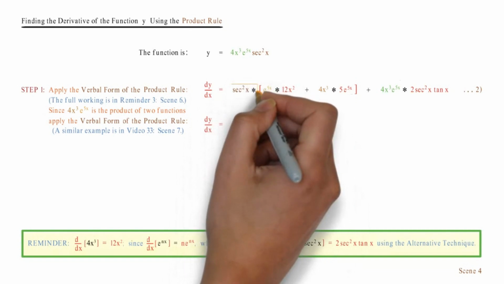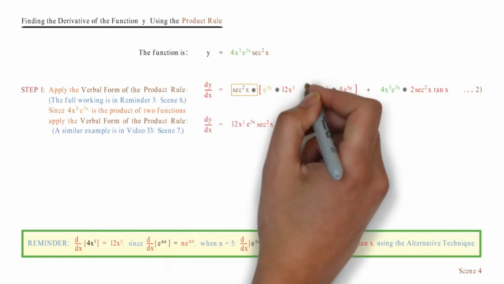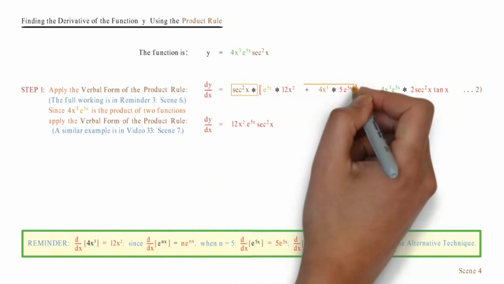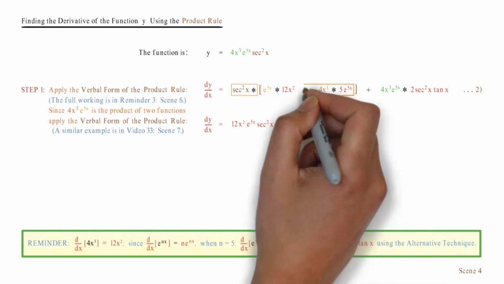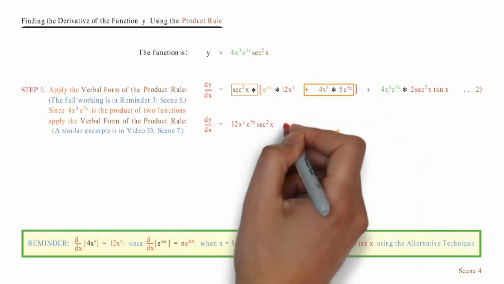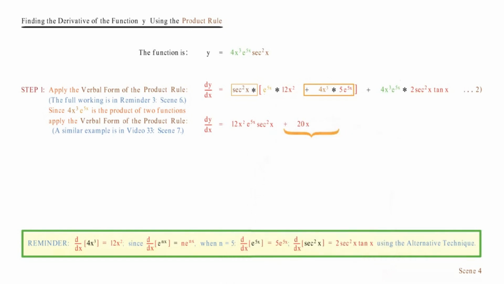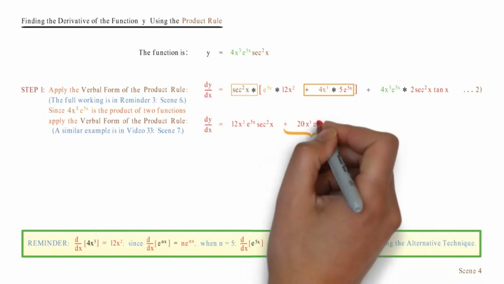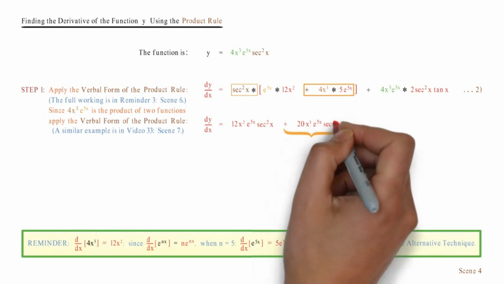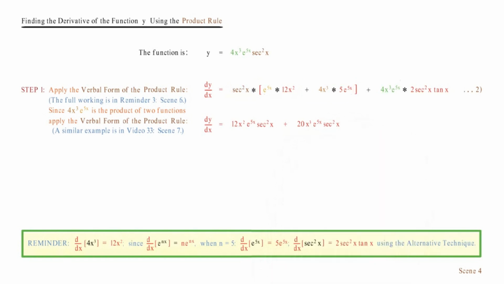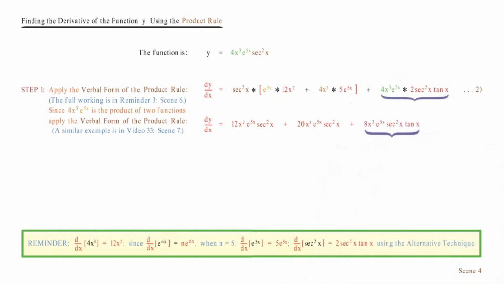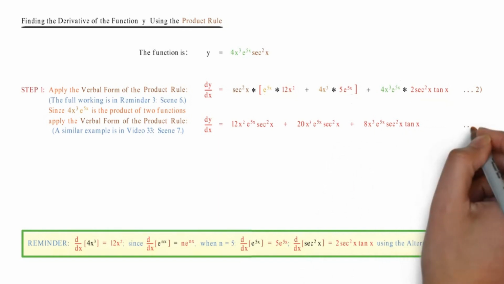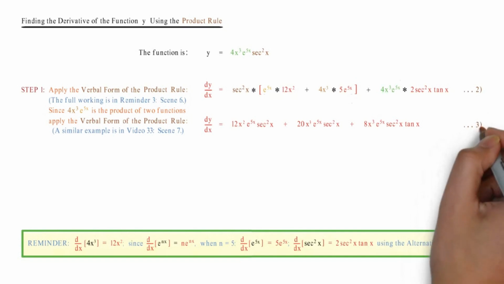Sec squared of x times plus 4x cubed times 5e to the 5x becomes plus 20x cubed e to the 5x sec squared of x. Plus is plus. Bring down as. Call this equation equation 3.